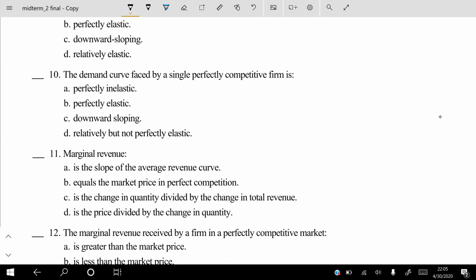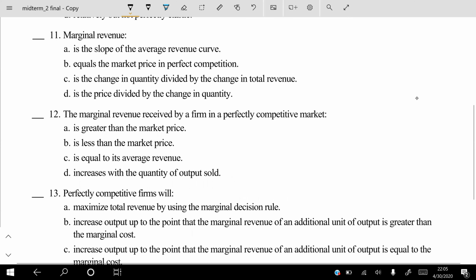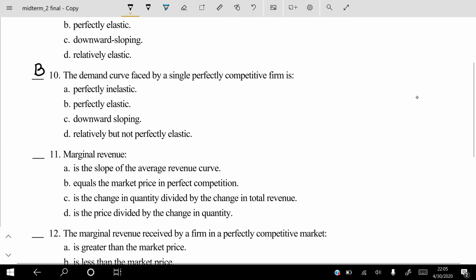And for this one, it's B. Perfectly elastic. Just some intuition, I guess. If a firm decides to change its price to a higher price, well, then all the consumers are going to be like, I'm not buying that. And they'll find another store that sells it for a cheaper price. So they're not willing to take on higher prices.